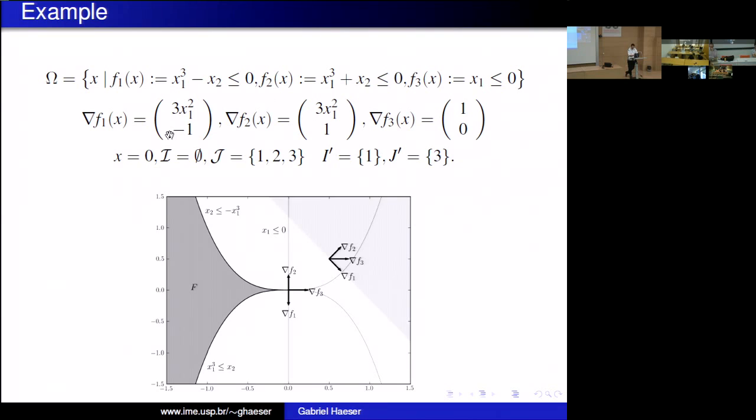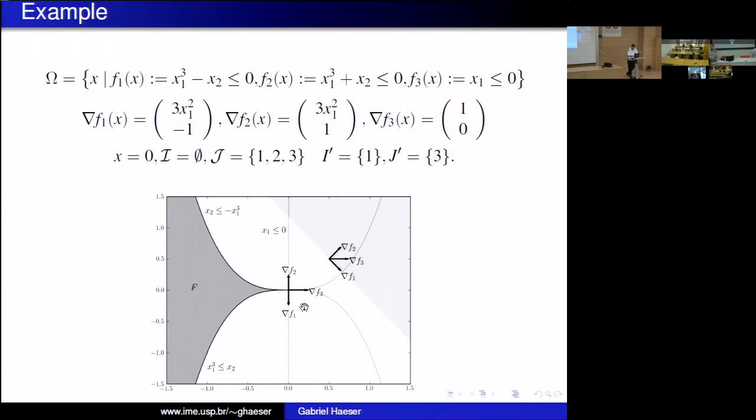Since minus this gradient belongs to this set, this vector belongs to J minus. So I can remove some of these. I move this gradient, f1, to treat it as an equality constraint, and I remove the other.